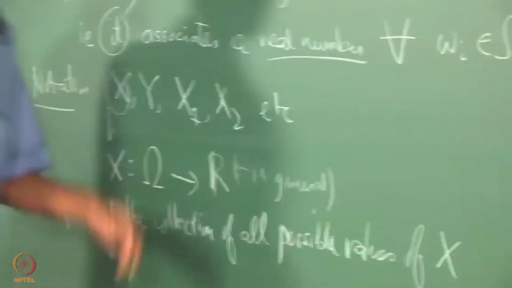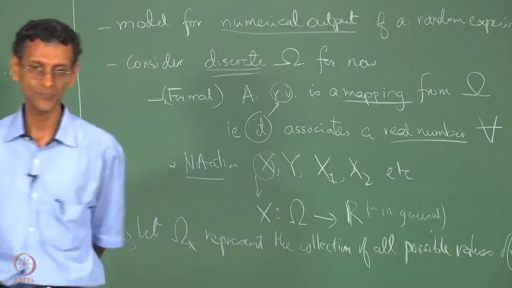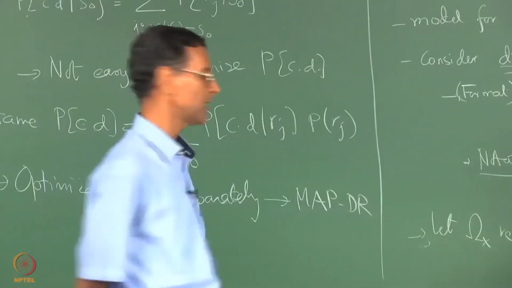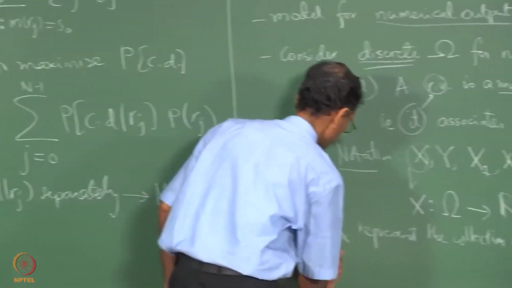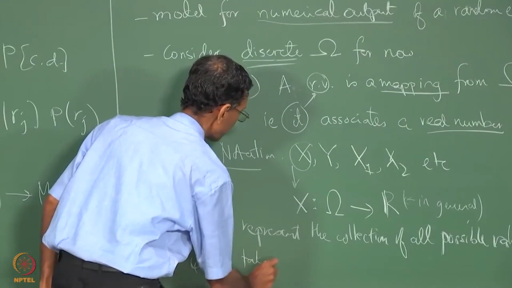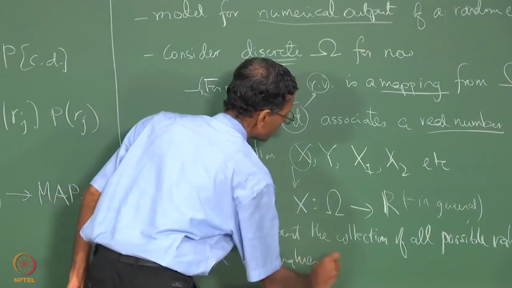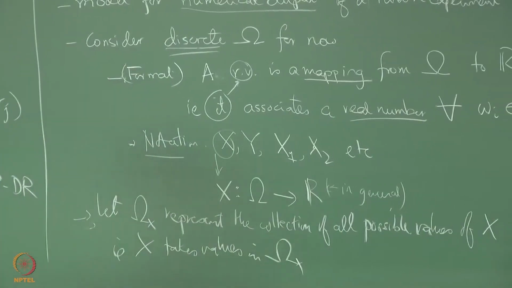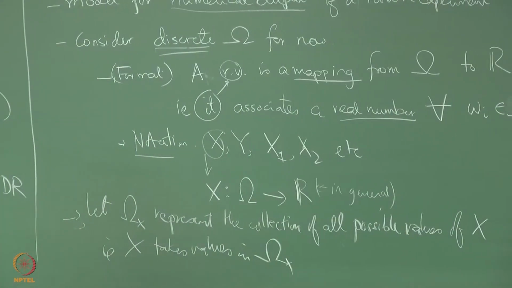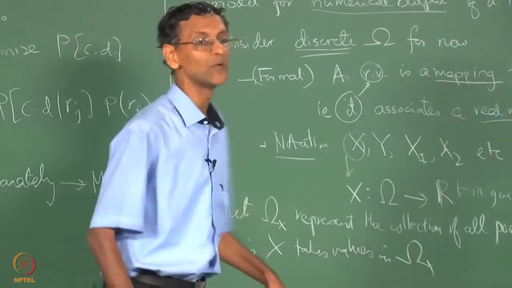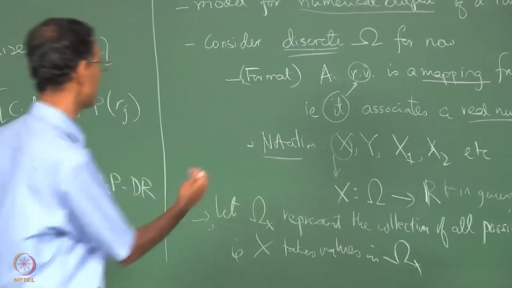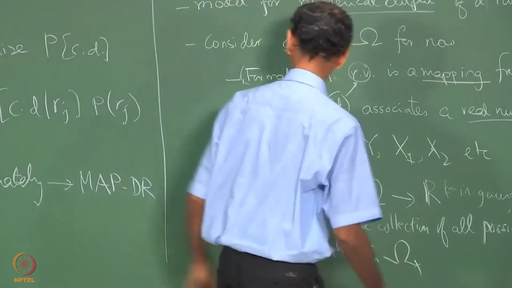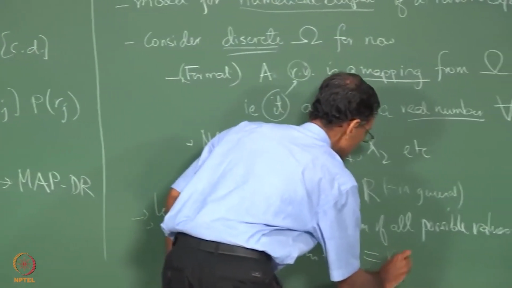The mapping x takes values in this set omega x. That is going to be the terminology we will use throughout. Any random variable will take values in its range space. So this omega x is the range space of the random variable x, that is the range of x.